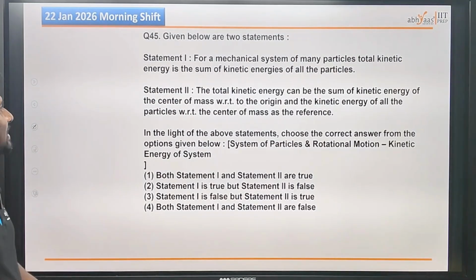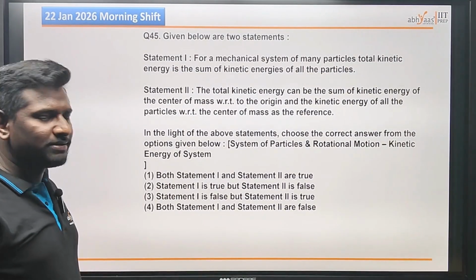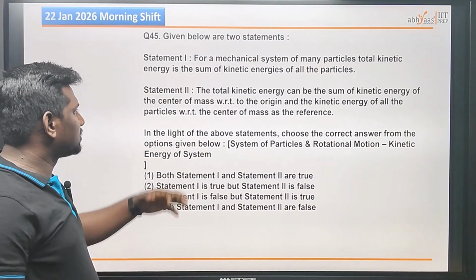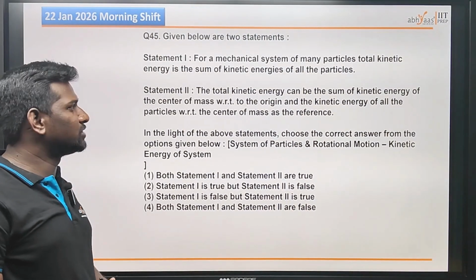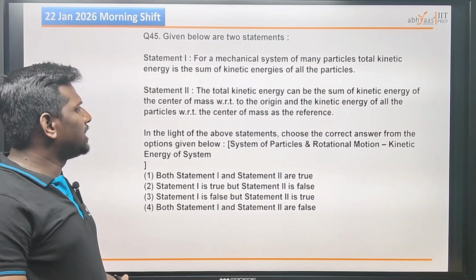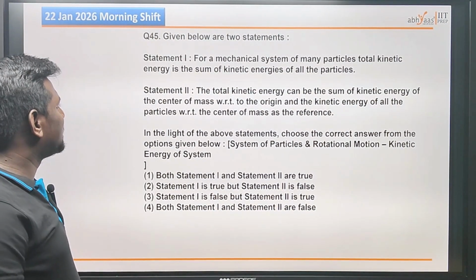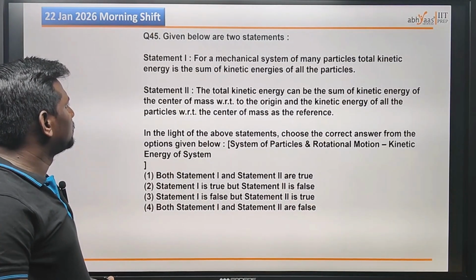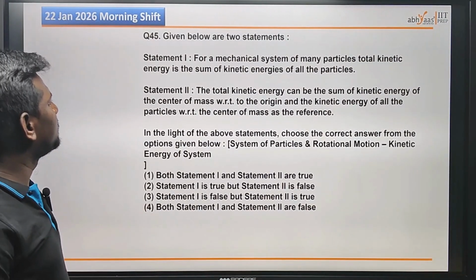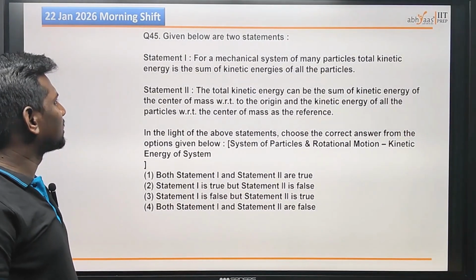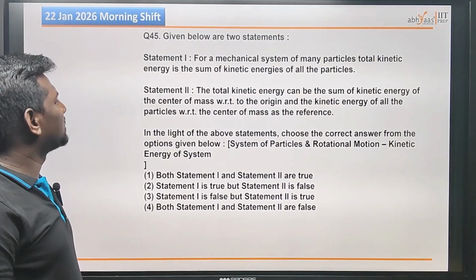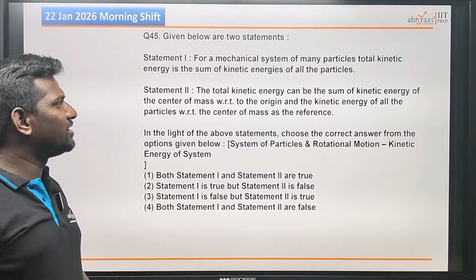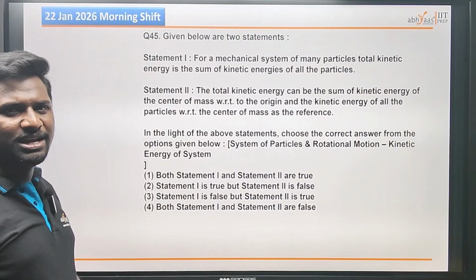So next question, see here, question number 45. We have come across almost 4 questions which are based on theory, so you should be aware of the theory. So what is the question? See here, for a mechanical system of many particles, the total kinetic energy is the sum of the kinetic energies of all the particles.